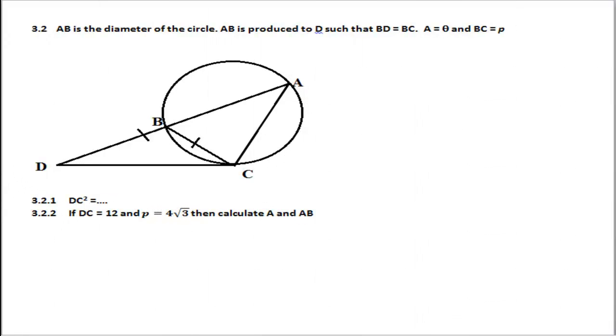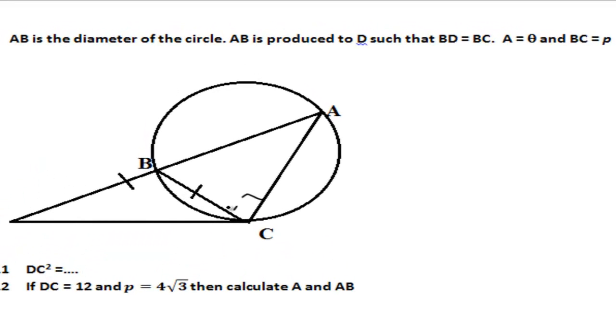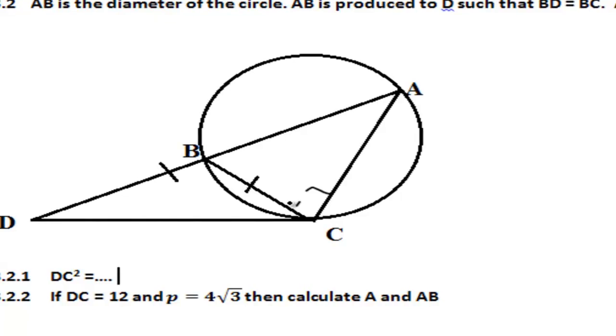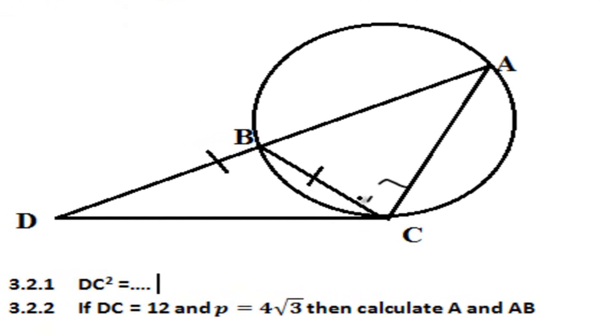This problem here, AB is the diameter, therefore angle C is 90 degrees, and then AB is produced to D such that BD is equal to BC, and we've got angle A is theta and BC is p.